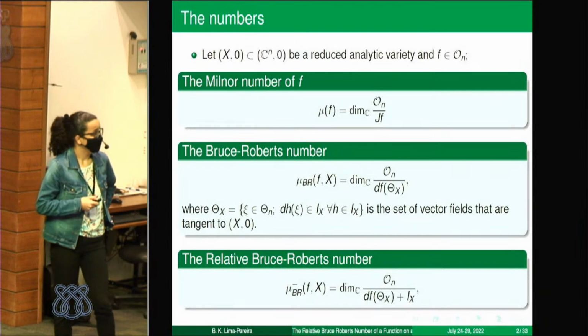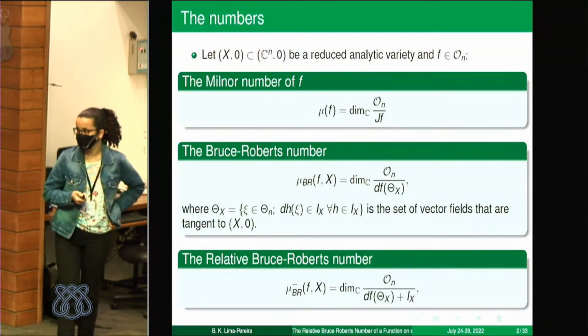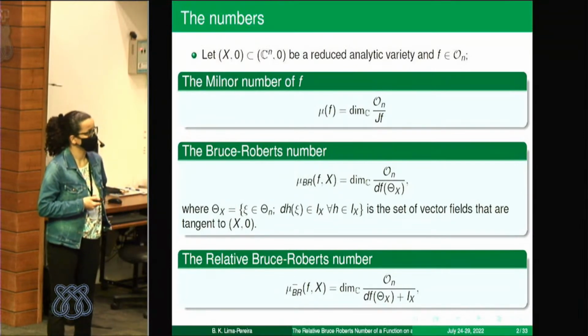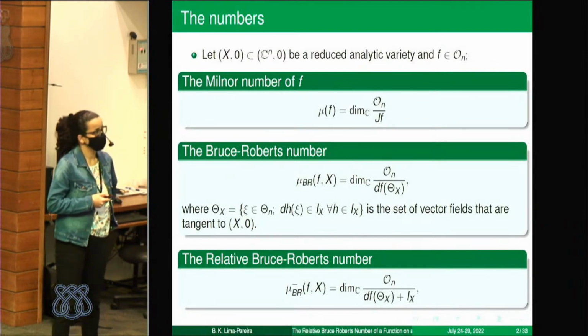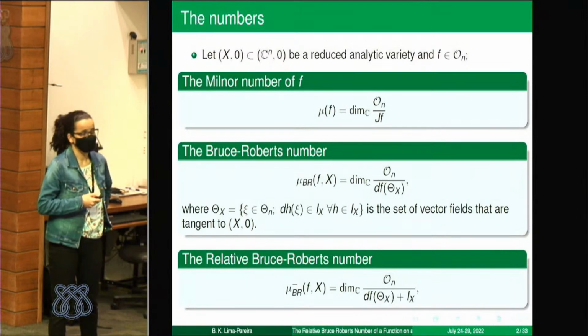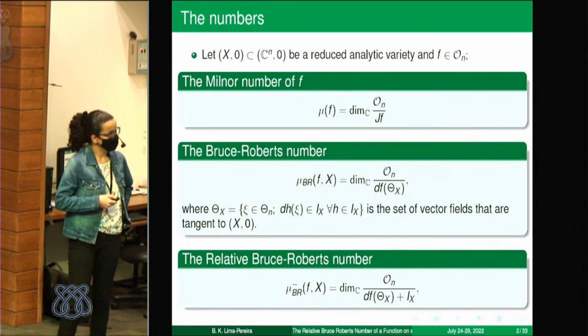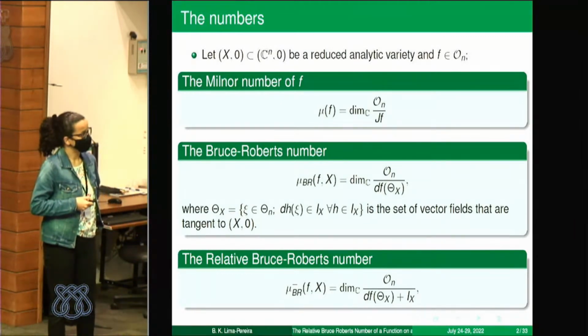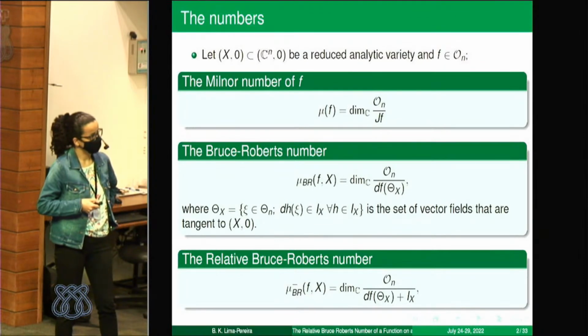And this ideal Ix is the ideal of the analytic function germs that vanish on X. Okay? So the Bruce-Roberts number of F with respect to the variety X is equal to this dimension as a C-vector space, and the relative Bruce-Roberts number is equal to this dimension as a C-vector space. The difference between the Bruce-Roberts number and the relative Bruce-Roberts number is this ideal Ix here.